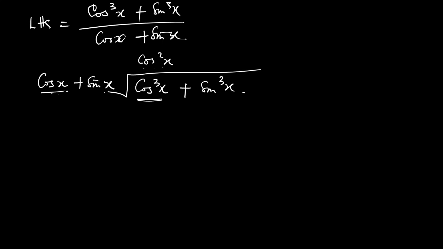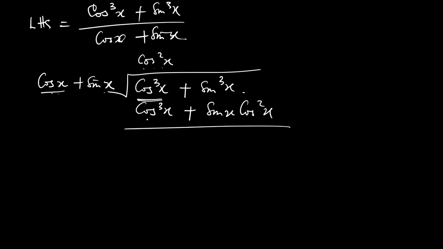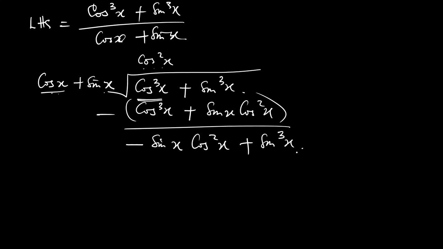So cos square x multiplied by cos x, you have cos cube x, then plus cos square x times sine x, you have sine x cos square x. Now we say minus. If you put your minus here, the minus will cancel out this, then you have minus sine x cos square x plus sine cube x.